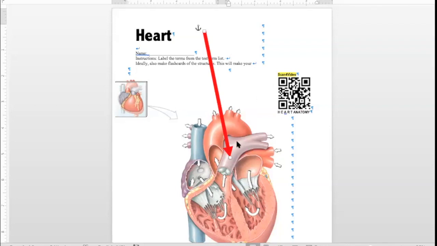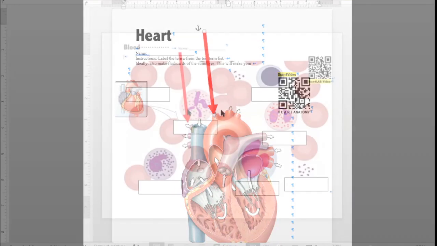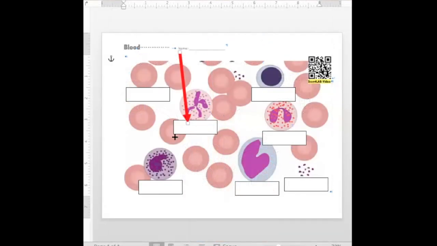Number two, give me the name of this vessel. Number three, what is this cell called?